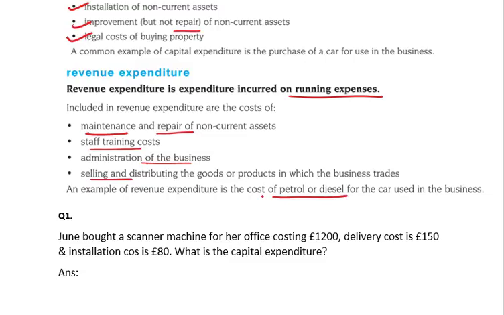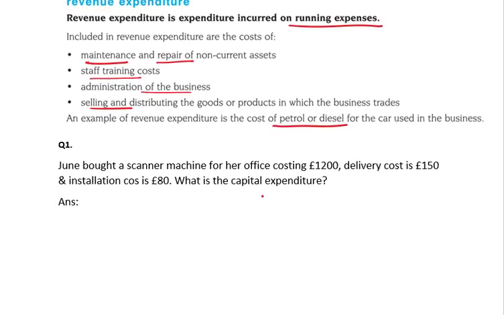If you're happy with that, let's do a couple of questions. The first question is very easy. June, the name of a lady, bought a scanner machine for her office. So it's a non-current asset, so it's capex, not revenue expenditure. Costing 1,200, delivery cost 150, and installation 80.